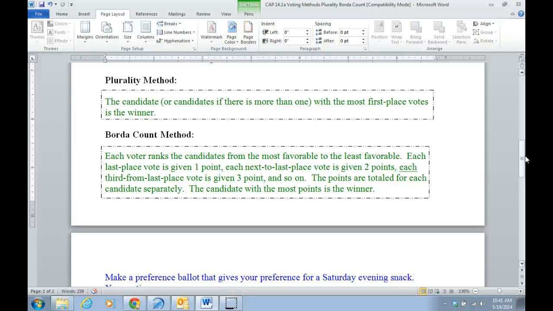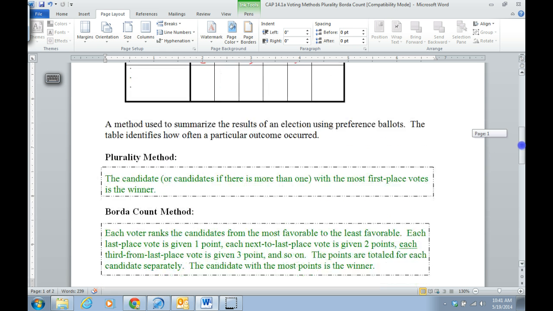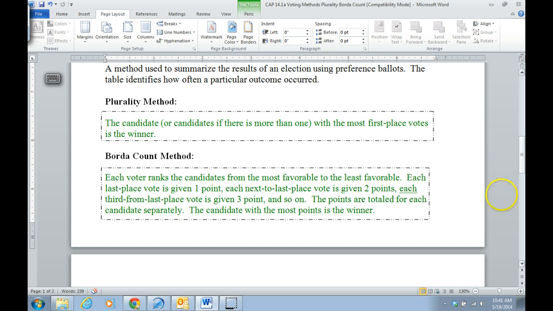So like if you only have 3 choices, like we do in this particular one, third choice would get 1 point. Second choice would get 2 points. And first choice would get 3 points each. Okay? So then the points are tallied for each candidate separately, and whoever has the most points would win. It's on a point system, yep.